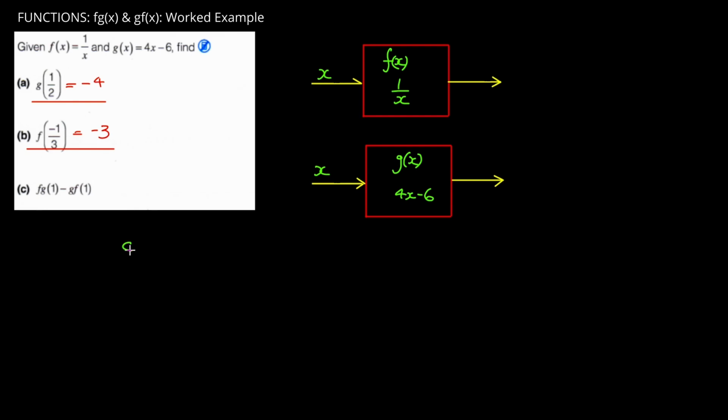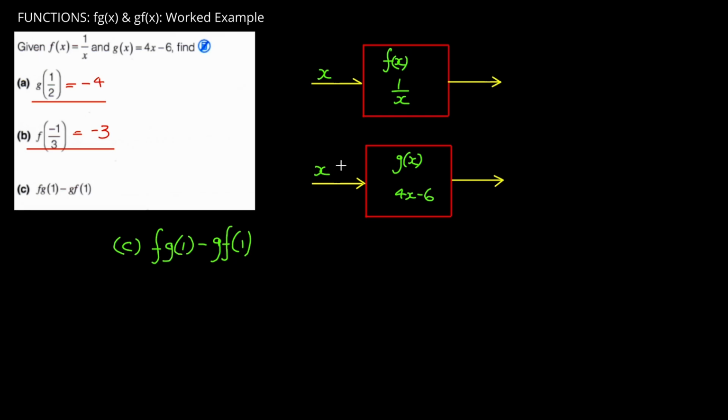So in part C, we've been asked to solve f g of 1, take away g f of 1. We need to work from the inside out. We need to find what g of 1 is and then put that value into f. And here the reverse. So let's work on this first term.